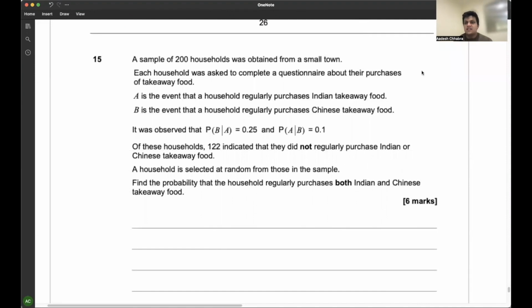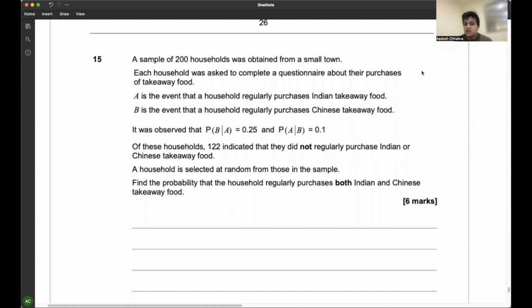So in question 15, a sample of 200 households was obtained from a small town. Each household was asked to complete a questionnaire about their purchases of takeaway food. Now, A is the event that the household regularly purchased Indian takeaway food, and B is the event that a household regularly purchased Chinese takeaway food. It was observed that the probability of B given A is 0.25, and the probability of A given B is 0.1.